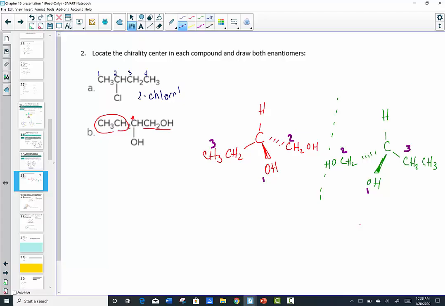Again, however you number them is not important for this course, simply make sure you're numbering them the same way. If hydroxyl's number 1 in the first enantiomer, hydroxyl better be number 1 in the second enantiomer. And we can see that we have a counterclockwise spin in our first structure. We have a clockwise spin in the second structure. Therefore, we can prove that we have made enantiomers.